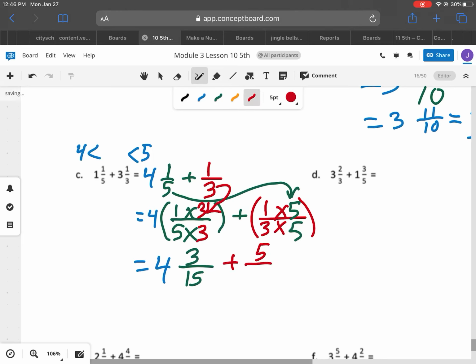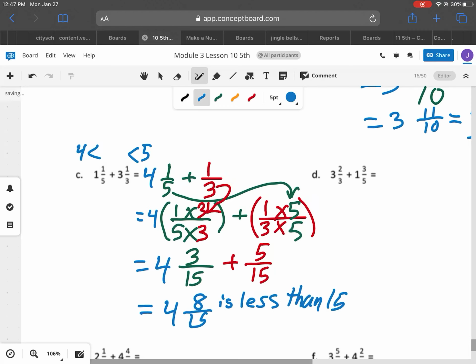And I have 5/15. And that leaves me with 4 and 8/15. Now, I don't have to do another step on this one because 8 is less than 15.